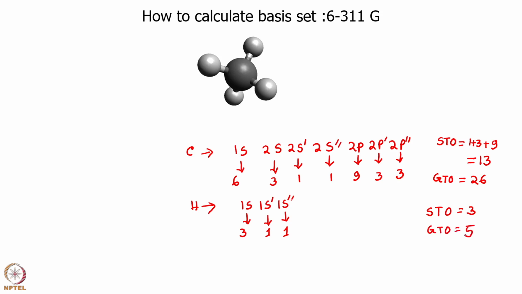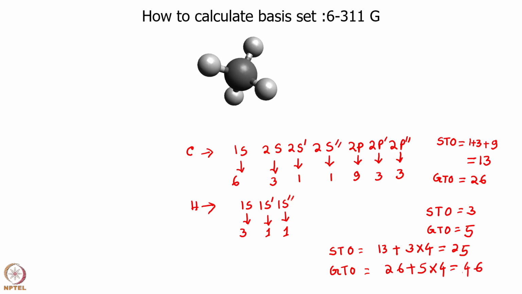Now, what is the total number of STOs? Remember, there are 4 hydrogens, so it is 25, and my number of GTOs is 26 plus 5 into 4, so my total number will be 46.